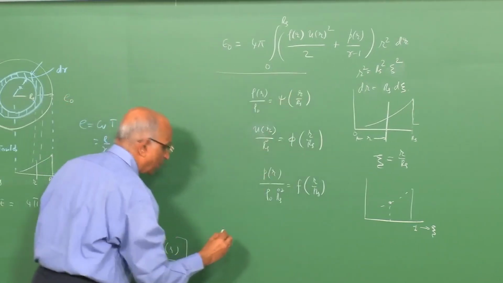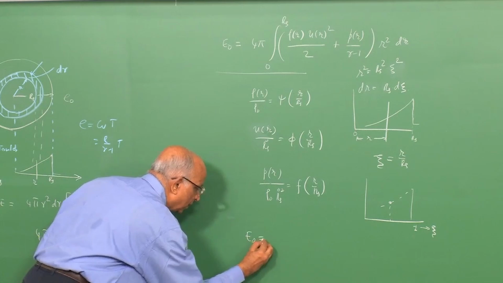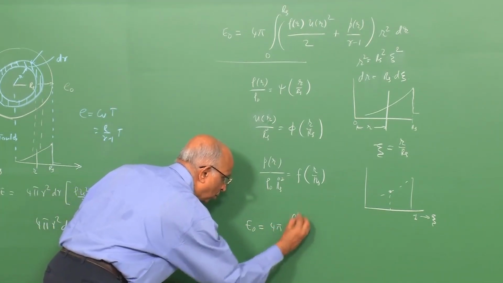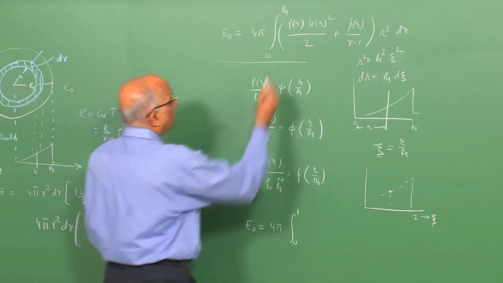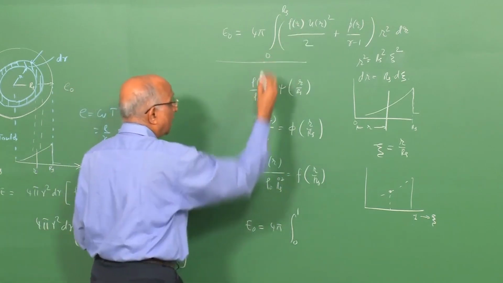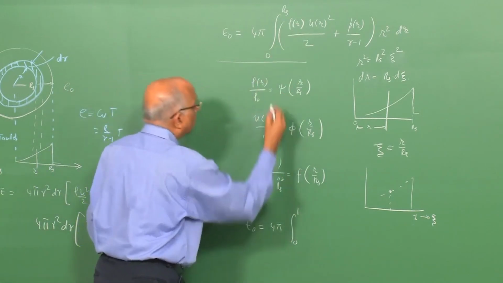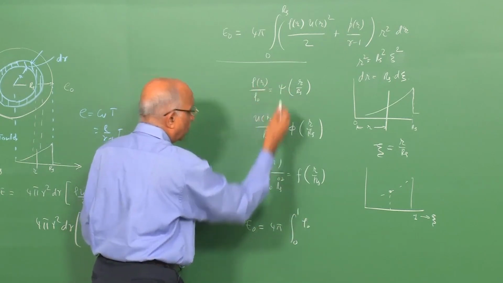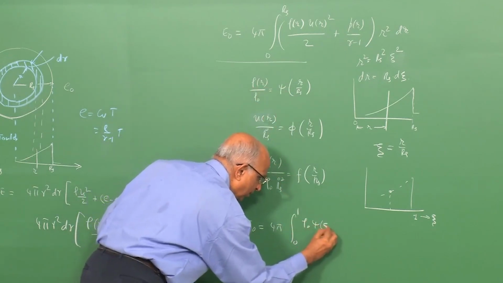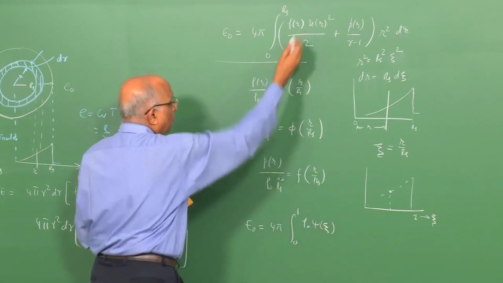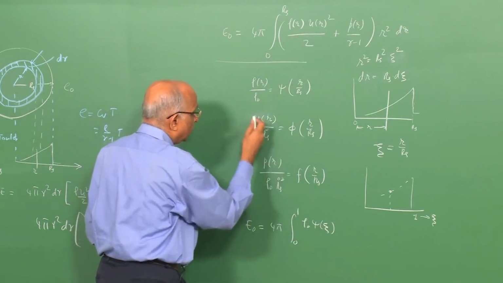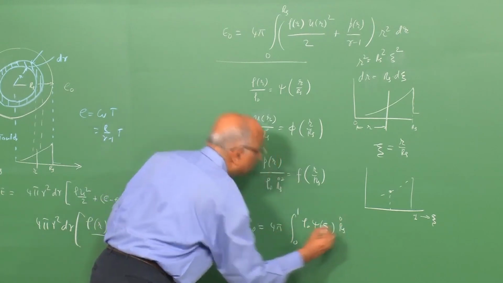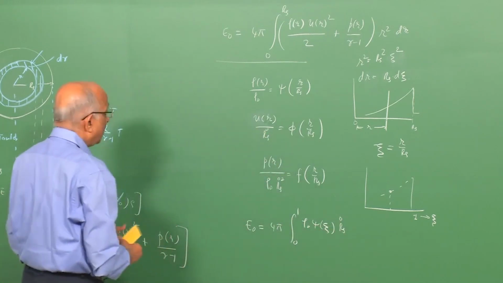Therefore, the above equation for the energy balance will now be given by E0 is equal to 4 pi into the integral from 0 to 1 of, now rho r can be written as rho 0 into psi of zeta, u r is equal to phi times Rs dot. And what is it we have?